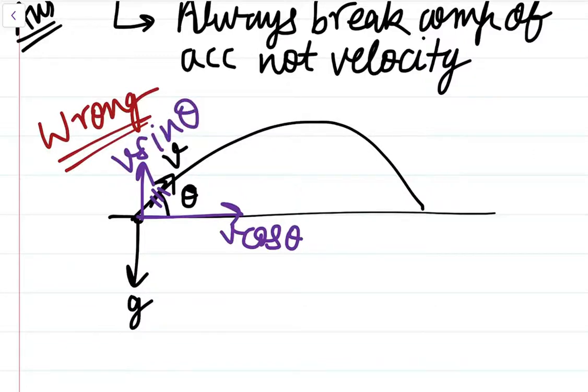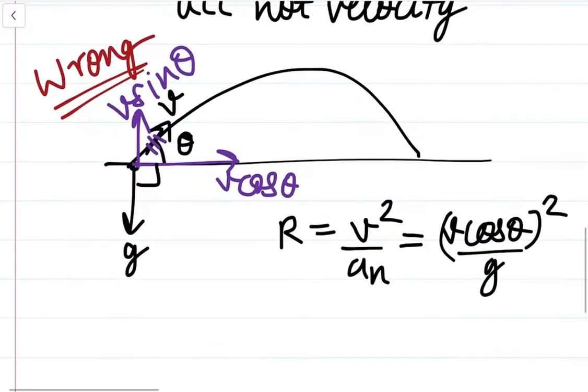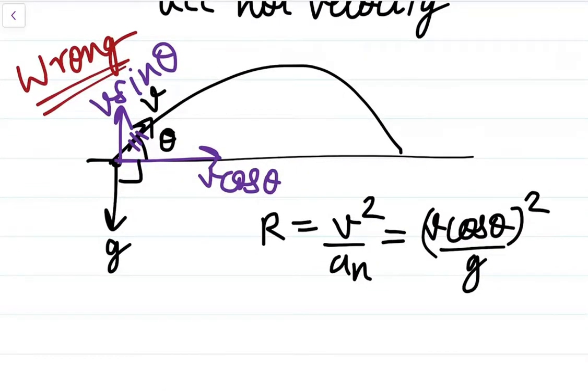You will see that g is perpendicular to the v cos theta component. So the radius of curvature is v squared by an, so v cos theta whole squared divided by g. No, this is absolutely wrong, because we always have to break the components of the acceleration, not the velocity.